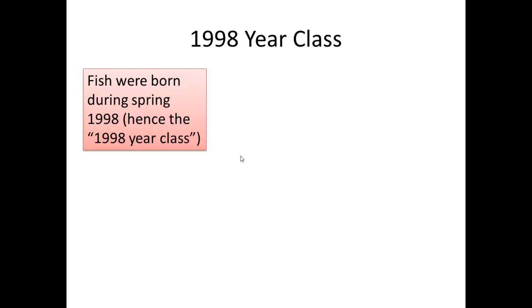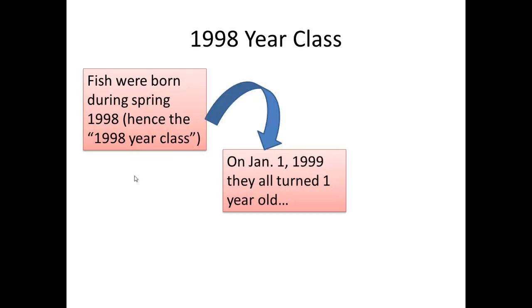So first, let's look at the 1998 year class and make sure that we understand when the fish were spawned and how we do these ages. So the 1998 year class was born during the spring of 1998. That's why they're the 1998 year class. On January 1st, 1999, they all turned 1 year old.